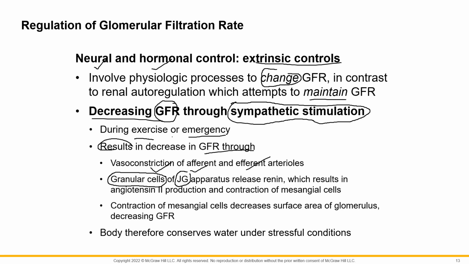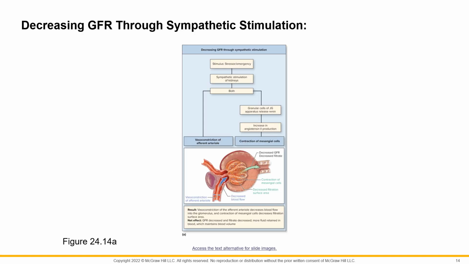So this actually ends up releasing something called renin. And renin is a whole system known as the RAA system. So you want to conserve water here. You want to decrease GFR and therefore conserve water. So let's see how this happens.